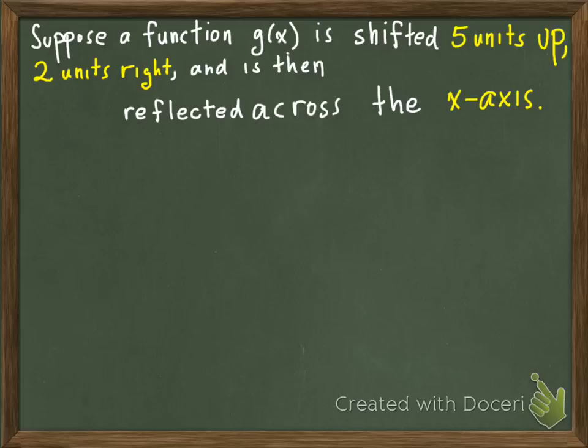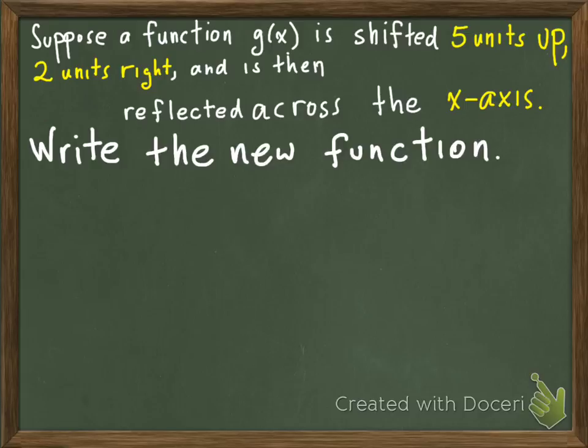So just to summarize that, you have some function g of x, and it has been transformed by shifting up 5 units, shifting to the right 2 units, and then reflected across the x-axis. And your job will be to write the new function.